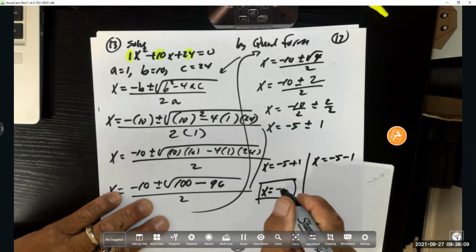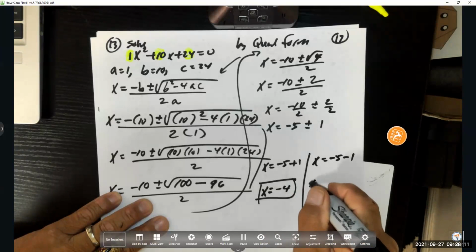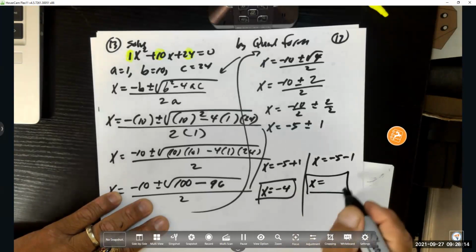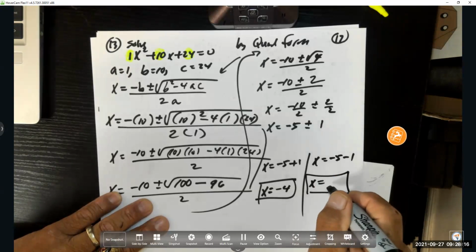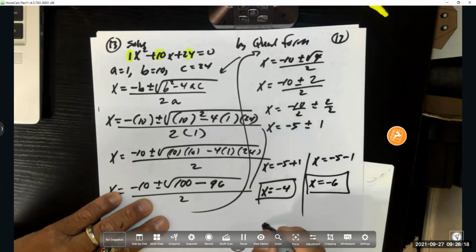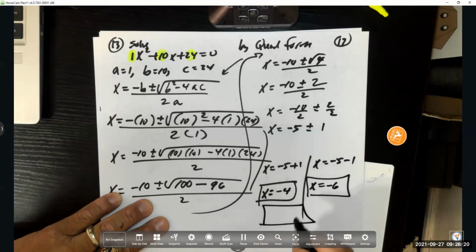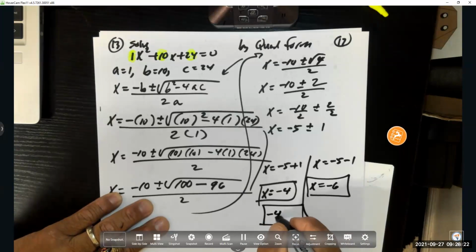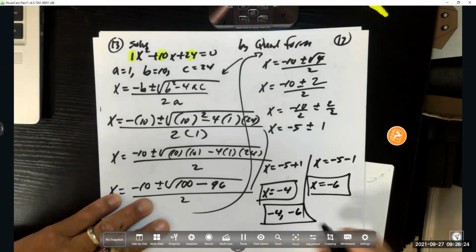Negative 4. And what's negative 5 and negative 1 together? Negative 6. So the answer is going to be negative 4, and the answer is going to be negative 6.